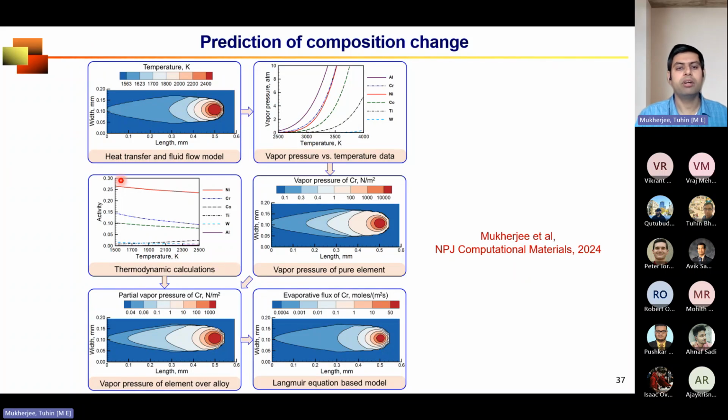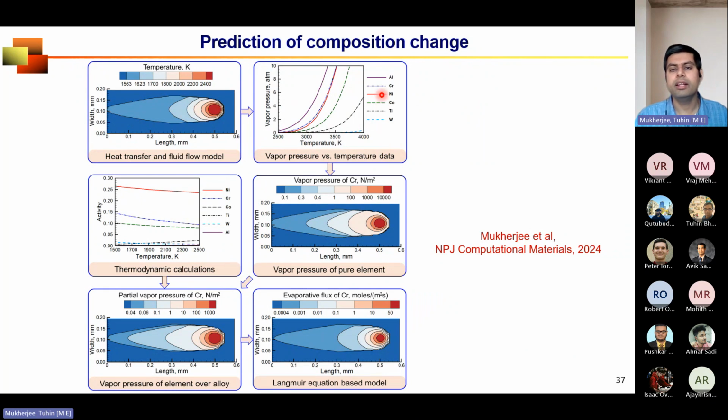So we have been talking about heat and fluid flow model to calculate the temperature. Once you know the temperature, you need to know, depending on that temperature, how different alloying elements will evaporate. So here the example is for a nickel alloy, a nickel-based superalloy.